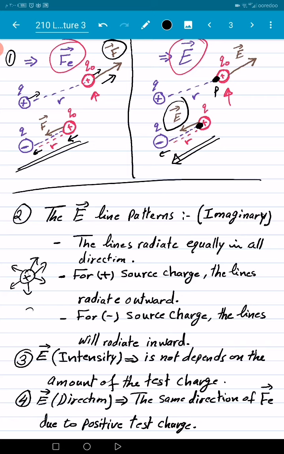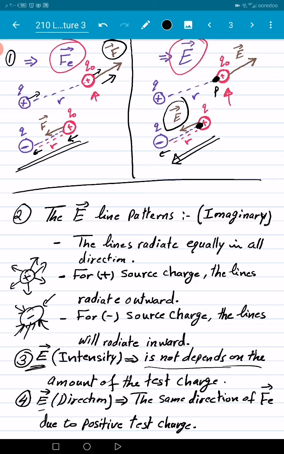For the negative, inward, inside. The intensity of electric field does not depend on the test charge, because the test charge will be fixed.